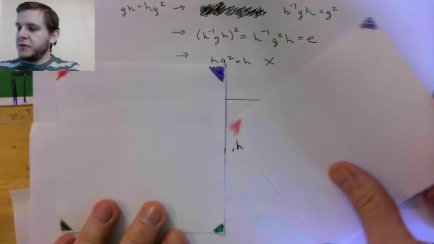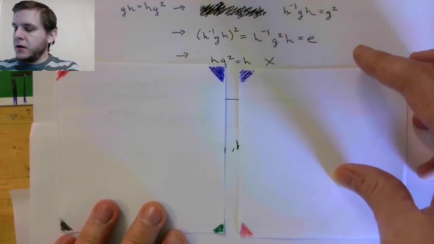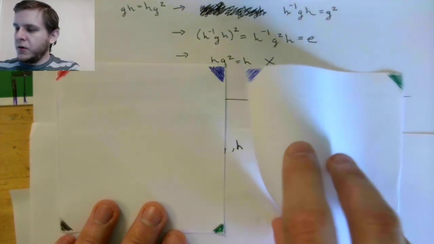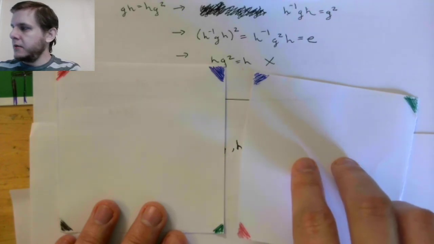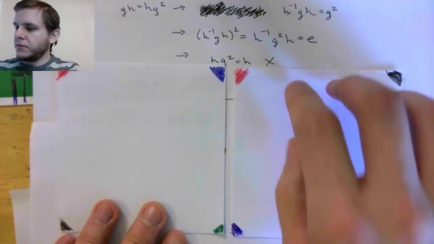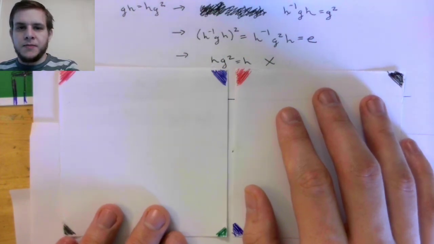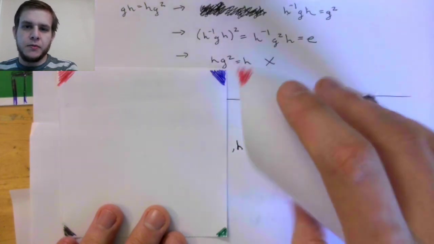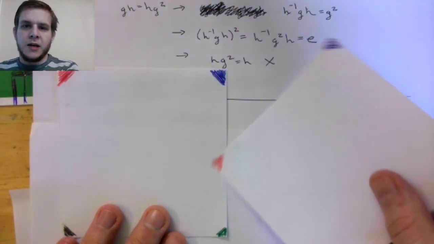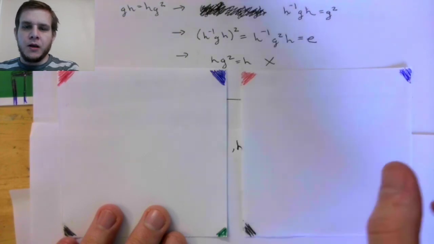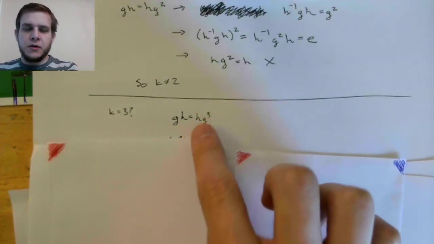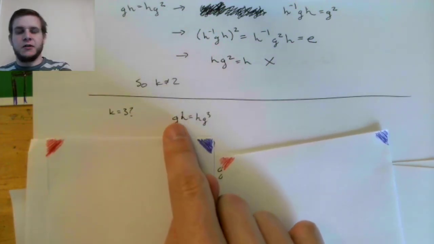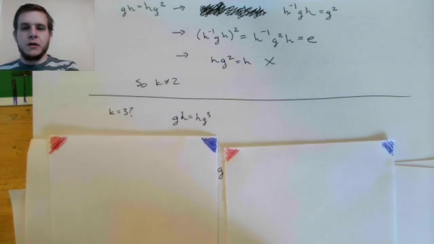So I want to be able to turn and then do the horizontal reflection, I think. And what's the total effect of that? That's to swap these two. And I claim that this is the same as what? So what's on the left-hand side? H is the reflection, and G is the turn.